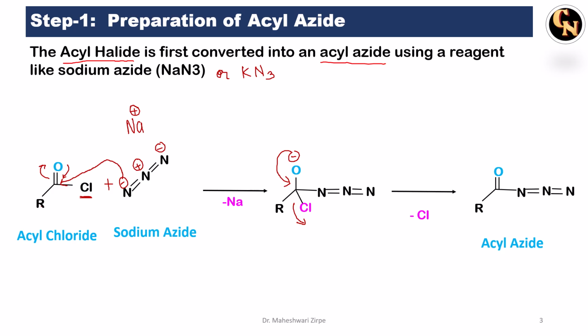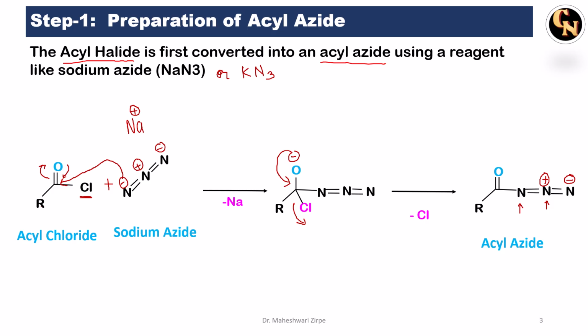Okay, if you are going to write it as N double bond N double bond N, then you have to show the charges on nitrogen. As the center nitrogen has formed 4 bonds, obviously the center nitrogen will carry a positive charge. And the terminal nitrogen, you will find there are only 2 bonds, so there is a negative charge, whereas the nitrogen here has formed 3 bonds, so it will not carry any charge. 1, 2, 3.